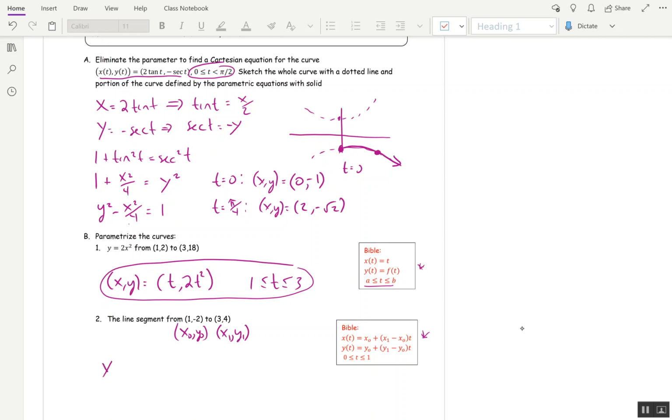So x is x naught, which is 1, plus x1, which is 3, minus x naught. So 3 minus 1 is 2t. And y is y naught, which is negative 2, plus, I want y1, which is 4, minus negative 2. So that's 6t, and t goes from 0 to 1.